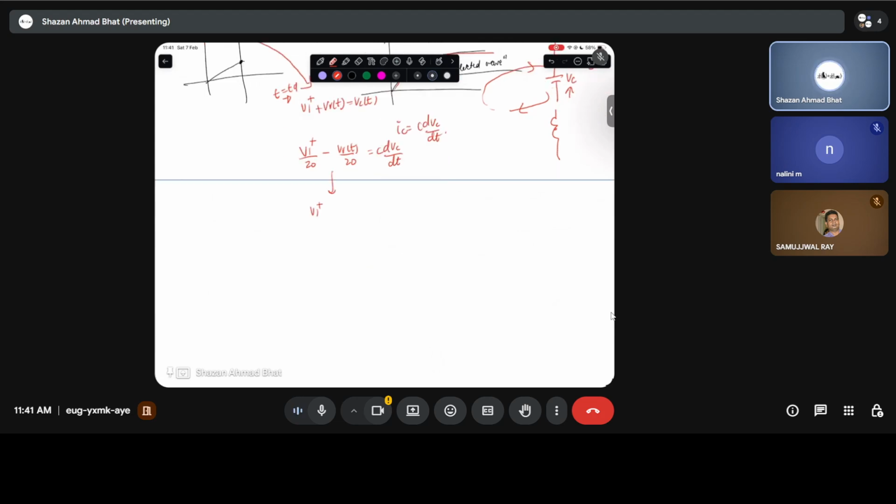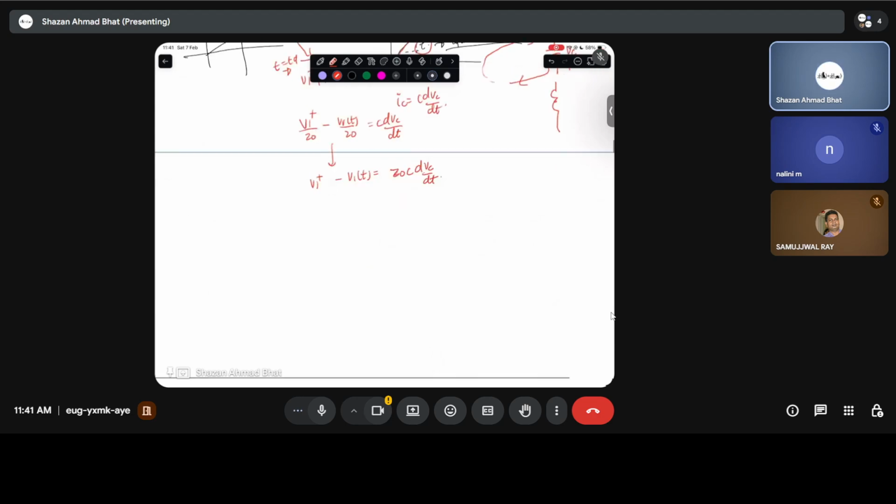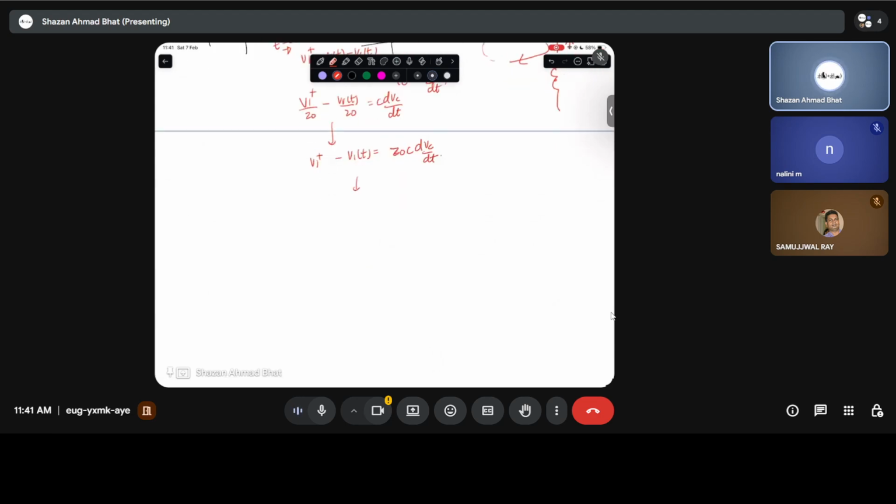So you can write V1 plus minus VR of t equals Z naught C dVC divided by dt.